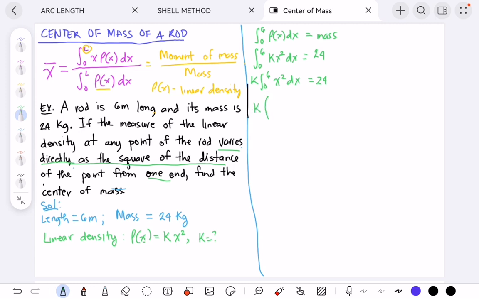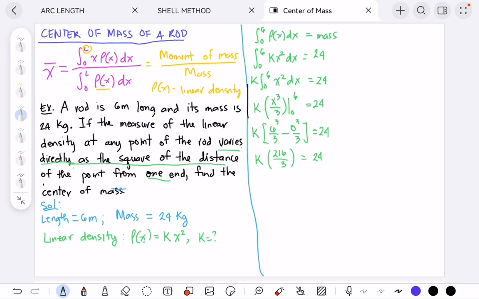Integrating x squared, we get x cubed over 3, evaluated from 0 to 6, equal to 24. Now, evaluating, we get 6 cubed over 3 minus 0 cubed over 3 equal to 24. 6 cubed: 6 times 6 is 36, times another 6 gives us 216 over 3 equal to 24.